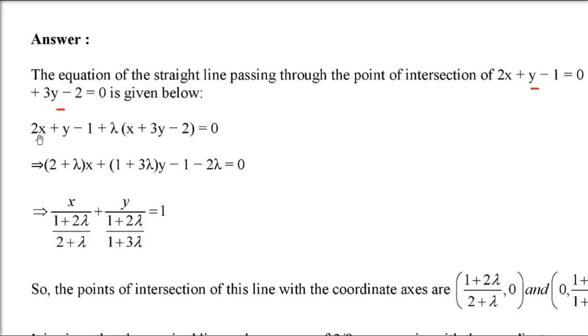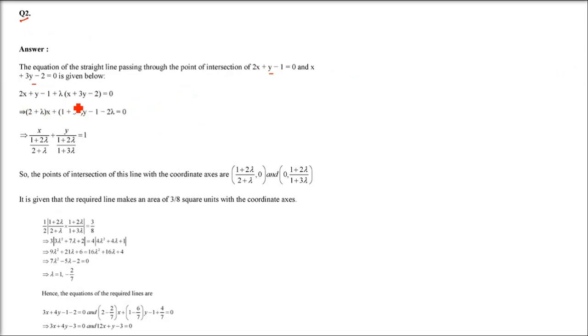Now I'm taking the x terms together, 2x and lambda x together. Let me tell you how exactly it is done. This is L1, this is L2, L1 plus lambda L2. So 2x plus y minus 1 plus lambda(x plus 3y minus 2) equals 0.